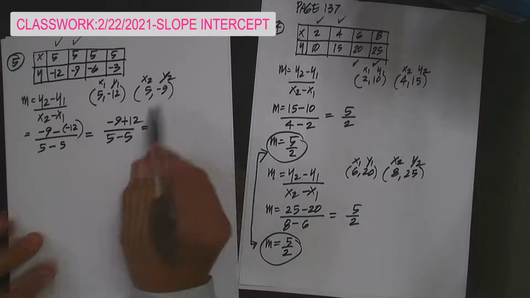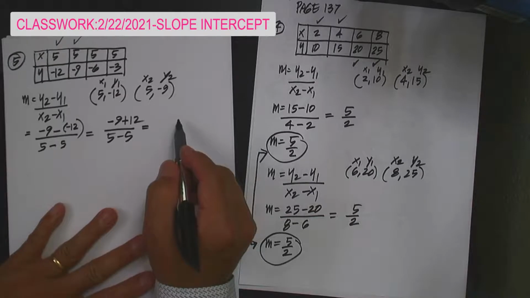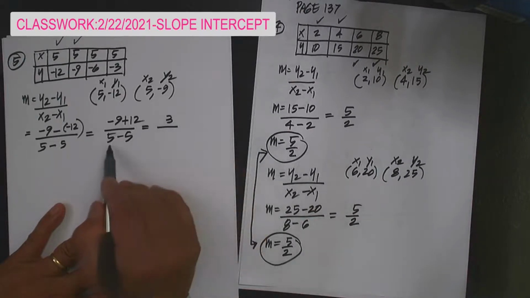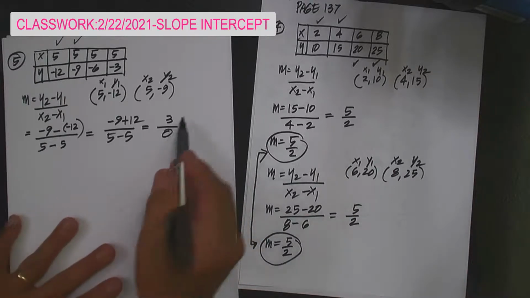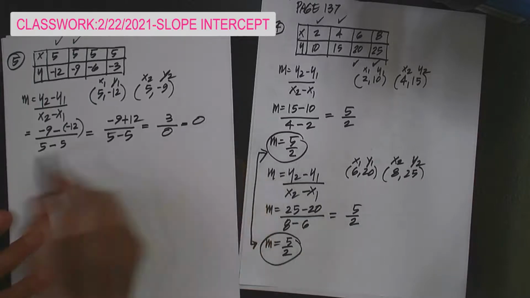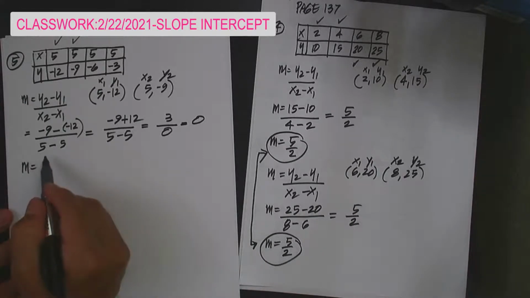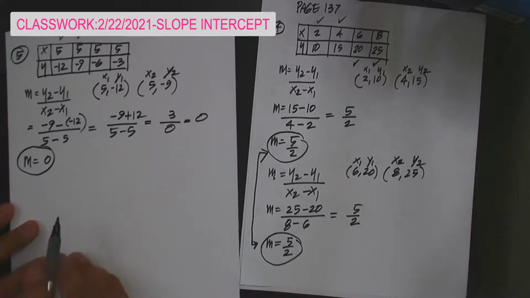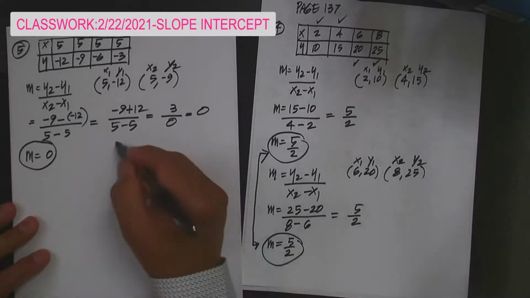Now, negative 9 plus 12, you take away because they have different signs. So your answer is going to be 3. And 5 take away 5 is 0. Now, when you divide 3 by 0, you will get a 0, right? So your slope is 0, meaning it is either a vertical or horizontal line. Let's check.